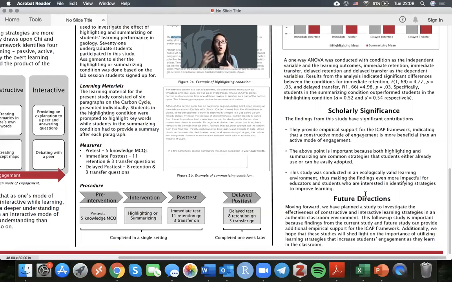Additionally, we hope that in conducting this follow-up study, we can also shed light on the importance of utilizing learning strategies that increase students' engagement as they learn in the classroom, and not just activities that students engage in for the sake of engaging in them.